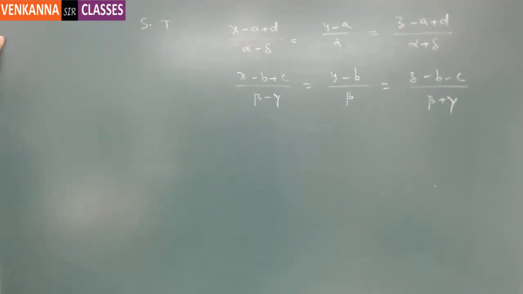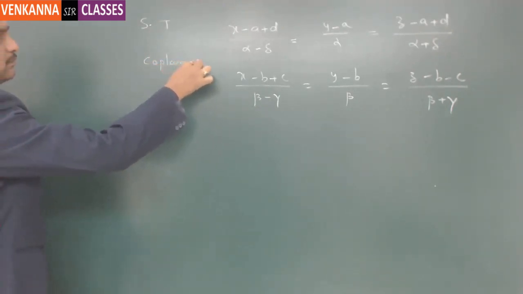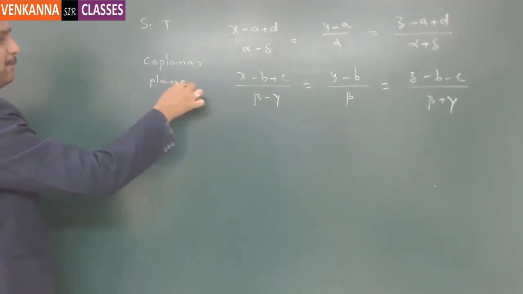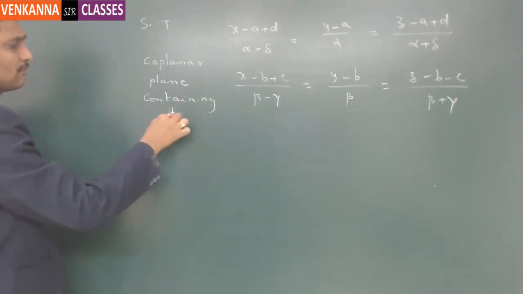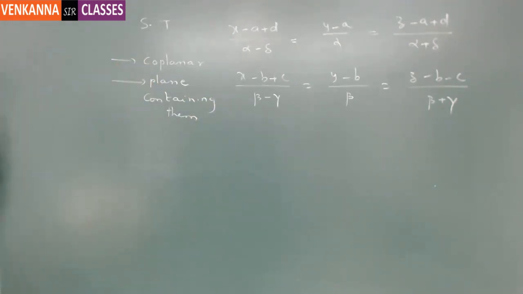The question asks that we have to show that they are coplanar, and we have to find the plane containing them. Two things we have to do here. This type of problem we already did while discussing the coplanar concept. The difference is, there you have simply numbers. Here you have alpha, beta, gamma, so variables and constants are involved. So let us discuss the case.